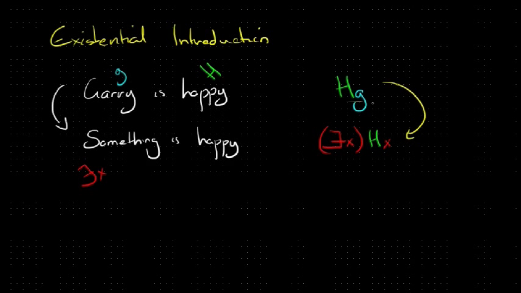So in this case, the formula was quite short, it was just Hg, there was just one constant, so the g went to an x down here, and then we bound that with this existential quantifier.